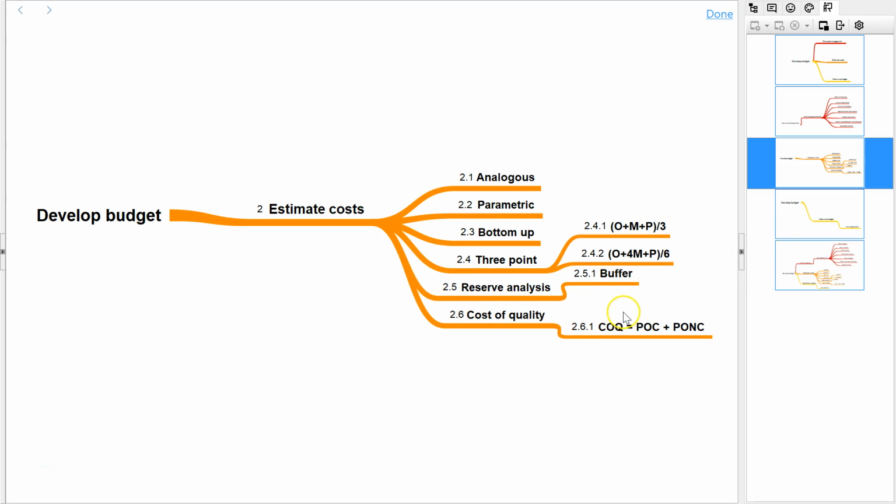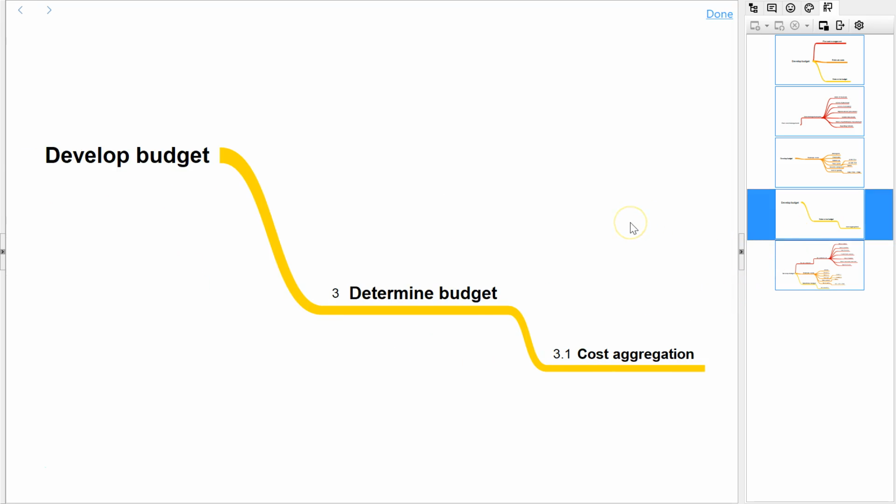And once we have the cost for every task, and every task has a start date and end date, then we arrive at a budget, and the tool used for that is cost aggregation. So a budget is nothing but the total cost of the project spread across a timeline. Like January, this much money you can spend, February this much, March this much, April this much.